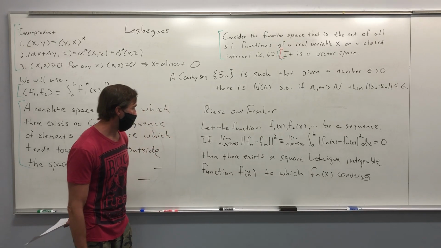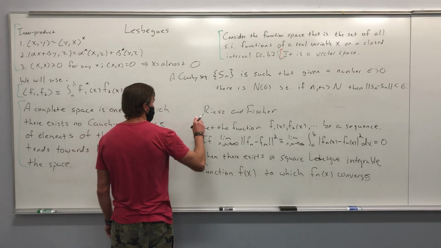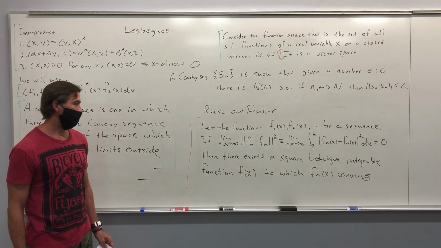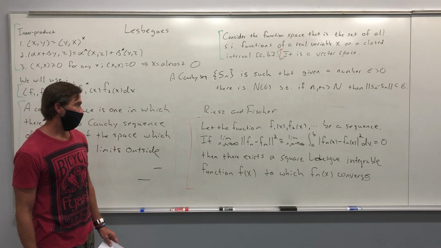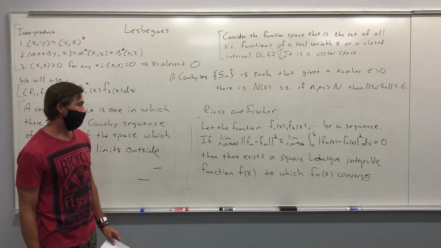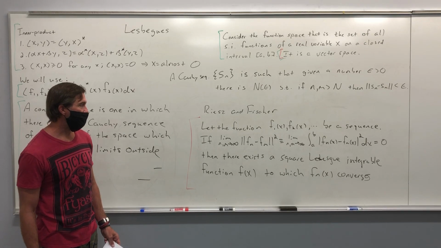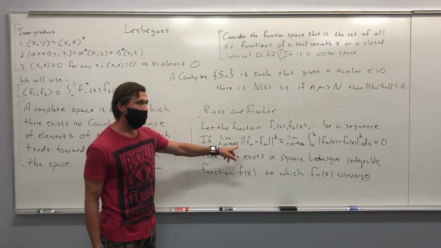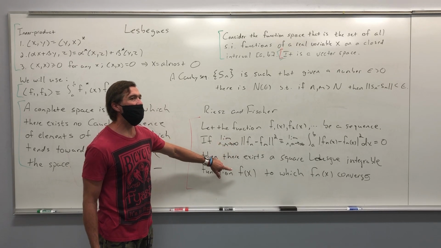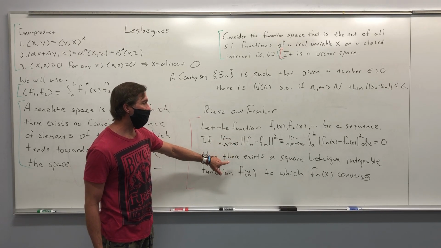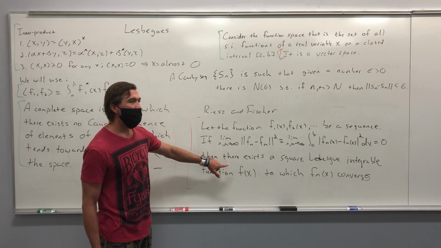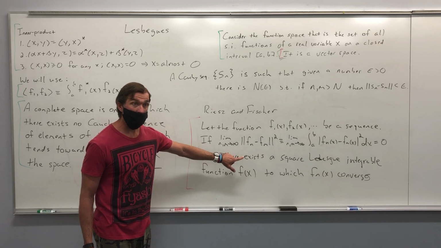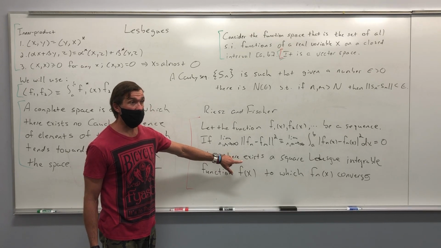Okay? So we basically have a Cauchy sequence in a square integrable space, and we're arguing that the limit of any Cauchy sequence in that square integrable space is always square integrable, using the Lebesgue integral as your definition of the integral.